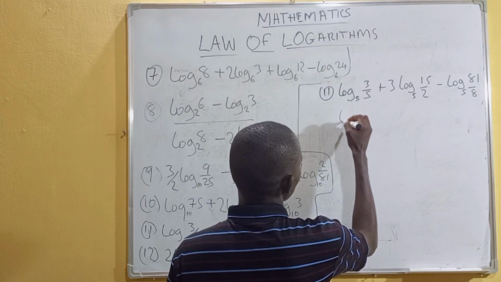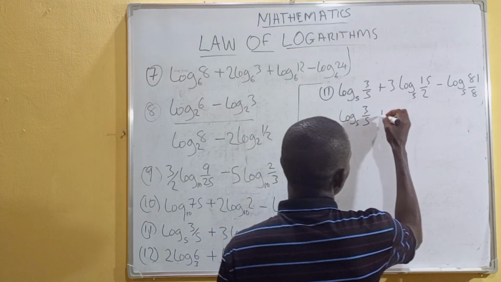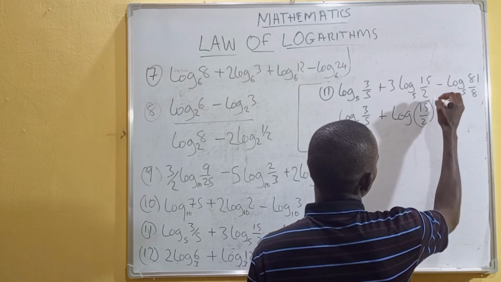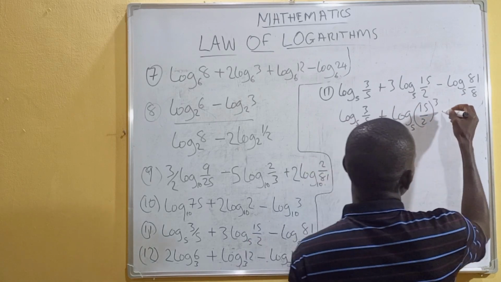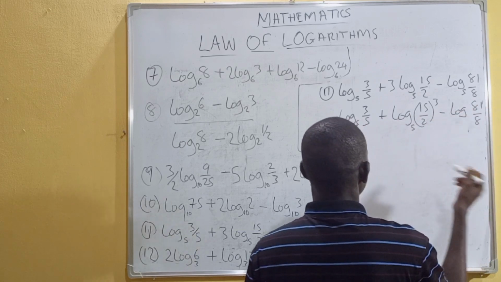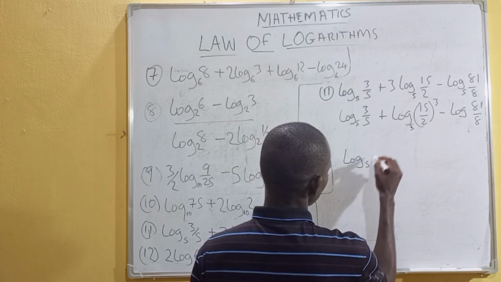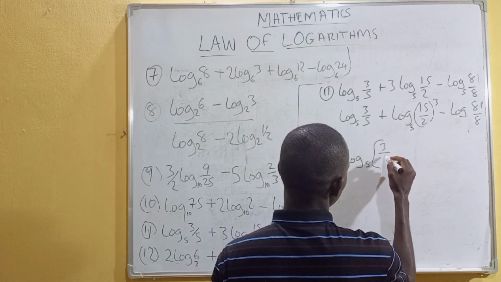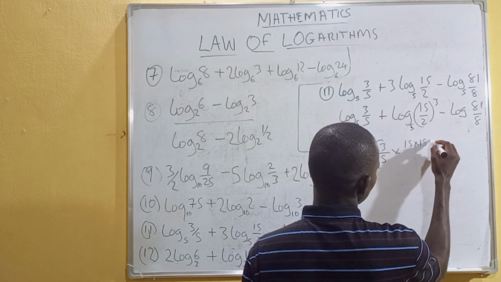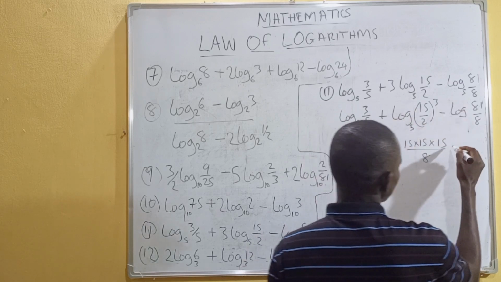It will now be log 3 over 5 base 5 plus log of 15 over 2 all raised to power 3 of base 5 minus log 81 over 8. So this will now be log base 5, which is 3 over 5 times 15 over 2 raised to the power 3, times 15 times 15, over 8.